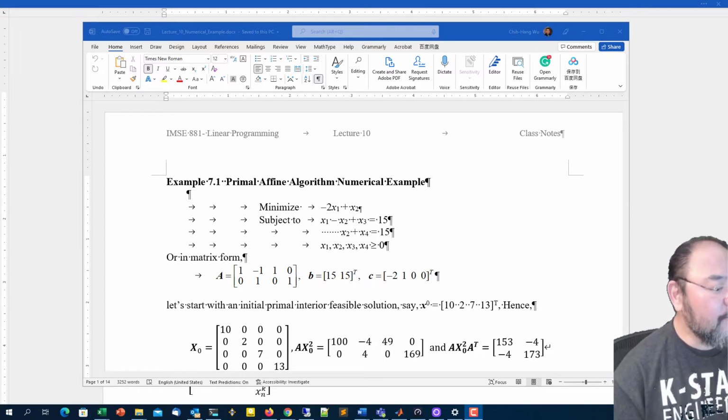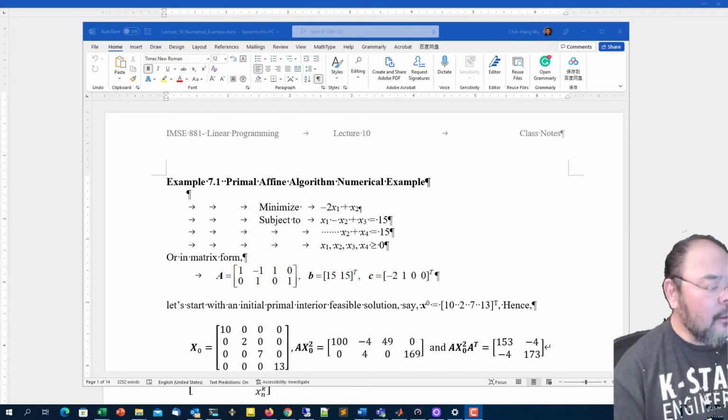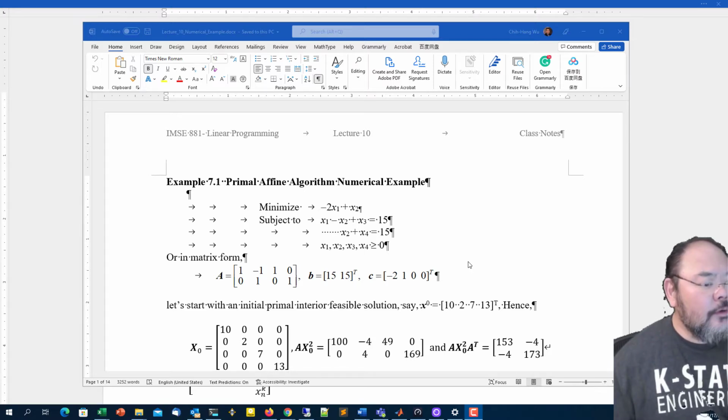It has some of the steps I developed to illustrate a numerical example and also gives you some insight on how to get an initial feasible solution to start the algorithm, including some implementation considerations in this document as well.